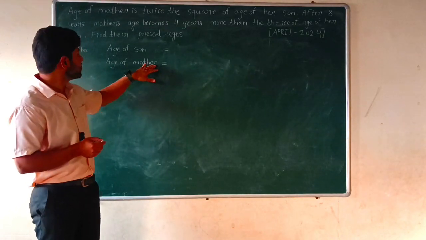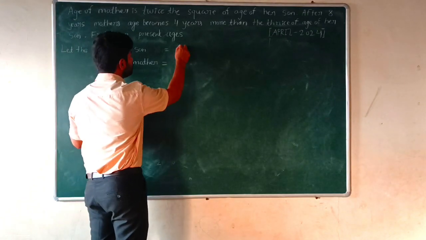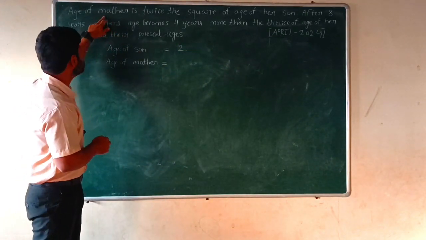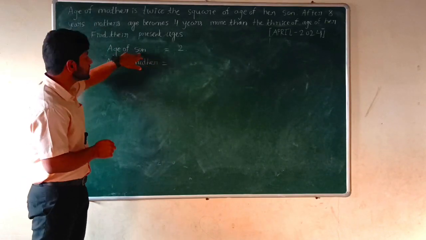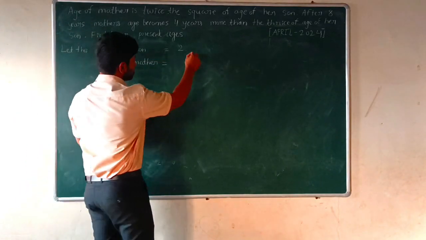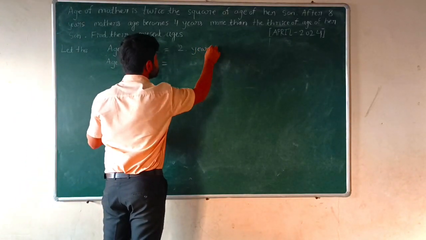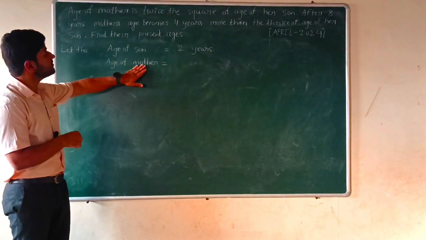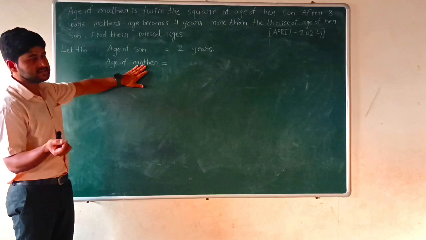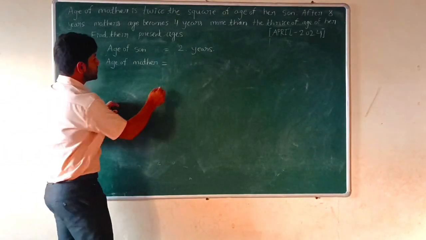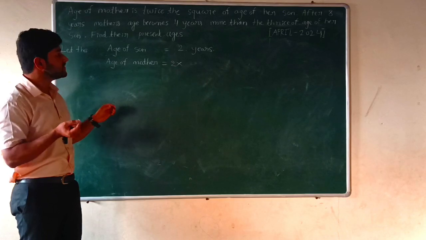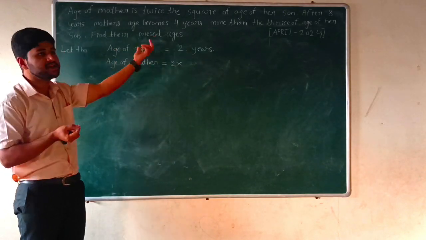For example, if the age of son is 2 years, age of mother is twice the, remember, twice means to multiply by 2. I have to multiply 2 to something. That something is the square of the age of her son.